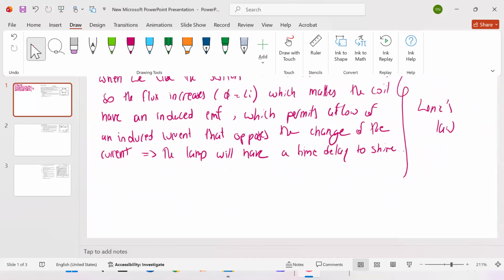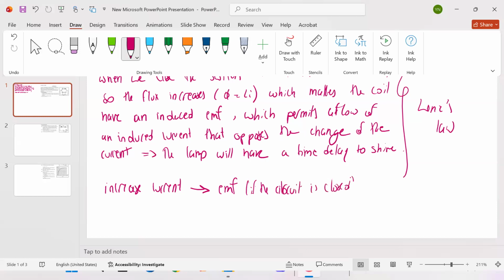By the way, you can memorize these steps by putting them in form of a chain. I always tell my students, when you have an increase in the current, this will make the coil have an EMF across its poles. And this EMF, if the circuit is closed, will give an induced current.